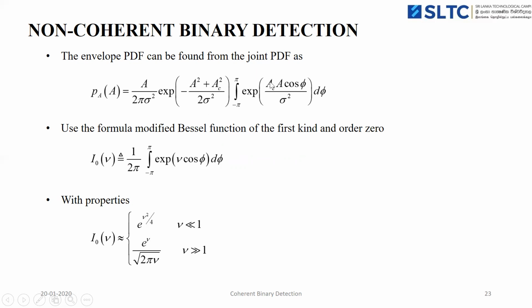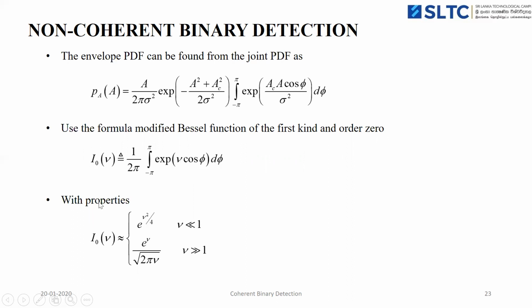Now in this integration portion, we can apply the modified Bessel function of first kind and order 0. This is the formula for the modified Bessel function: 1 by 2 pi, integration from minus pi to plus pi, exponential of v cos phi d phi. You can see both are matching. So here v will be equal to AC A by sigma squared.